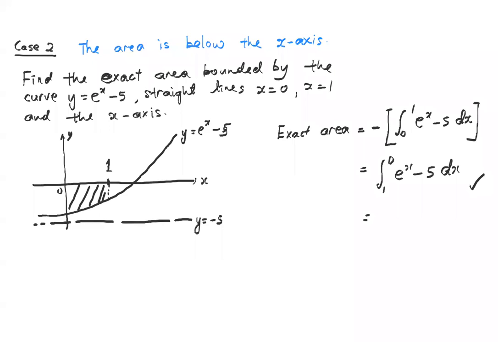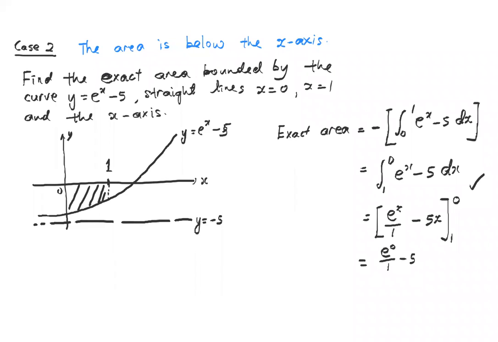So when you integrate e to the power x, it's still e to the power x divided by 1. You integrate 5, you get 5x, from 1 to 0. So you substitute with 0. Whenever it involves e, please substitute in, okay? Please. If not, you will regret it at the end of the day.